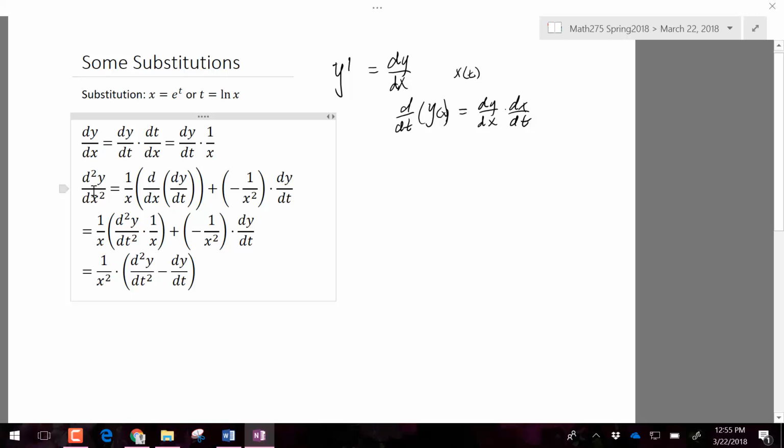So when we replace y double prime with this particular substitution, we're going to come up with the y double prime of t minus y prime of t. And then that thing's going to get multiplied by 1 over x.